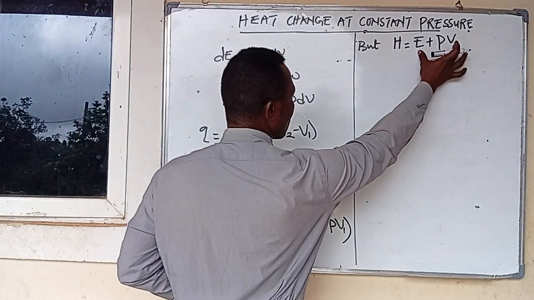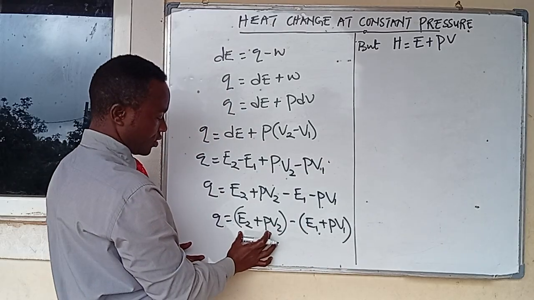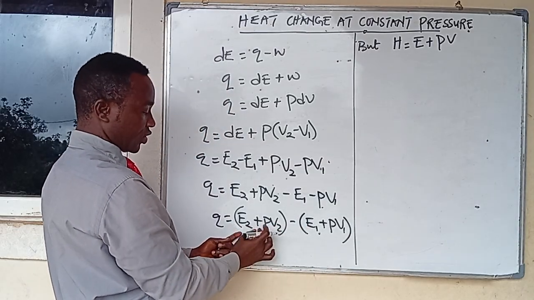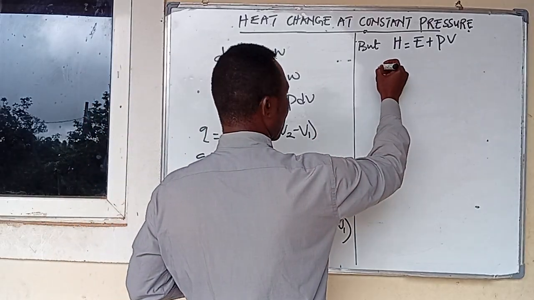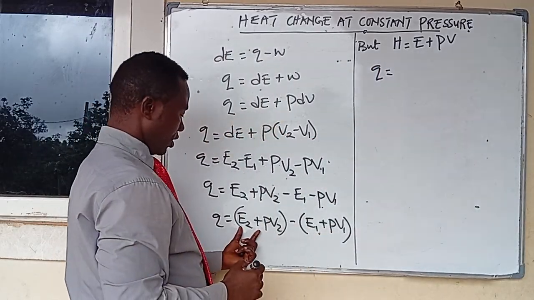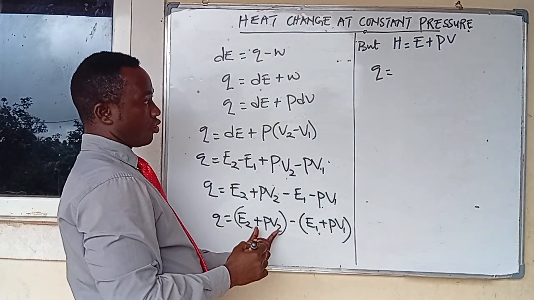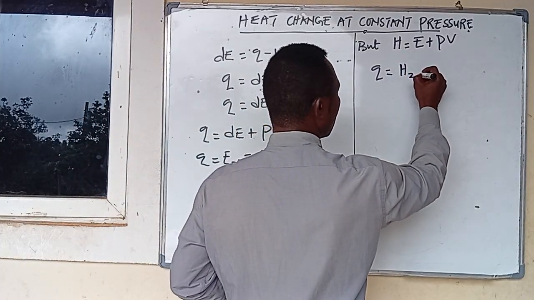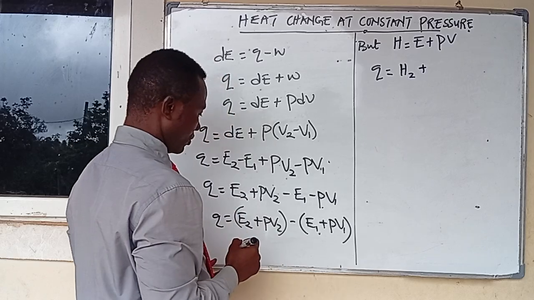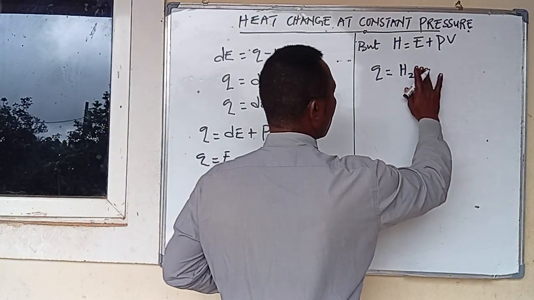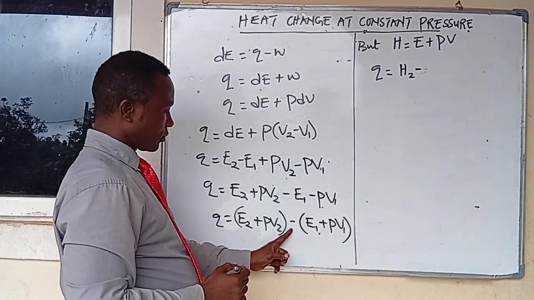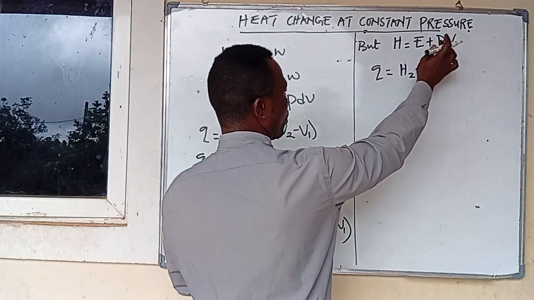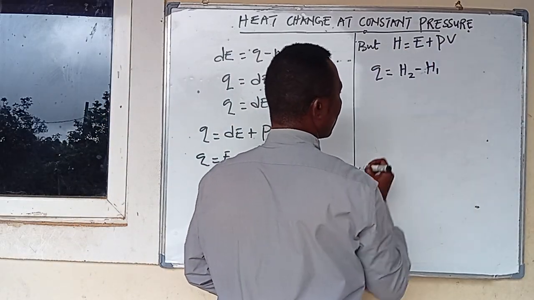Now if you look at this and compare it to this, you see E plus PV here, but this is 2. So that means that our Q will become E2 plus PV2, which will give us H2, minus E1 plus PV1, which should give us H1.